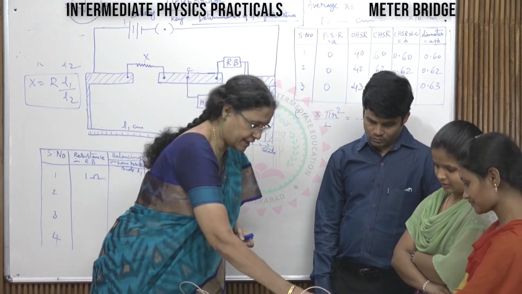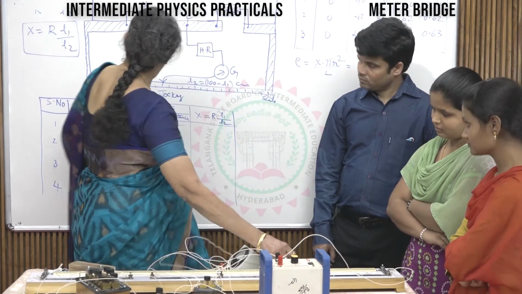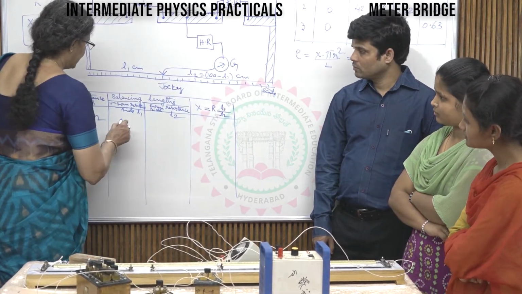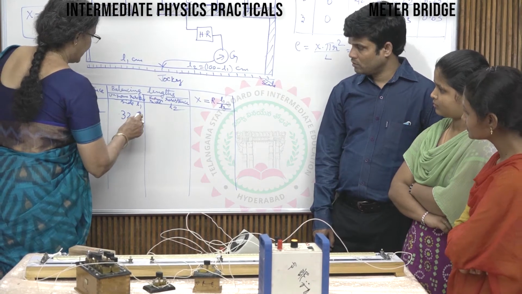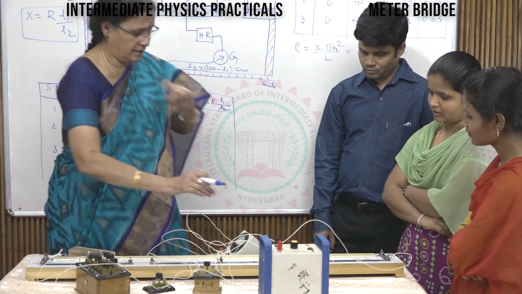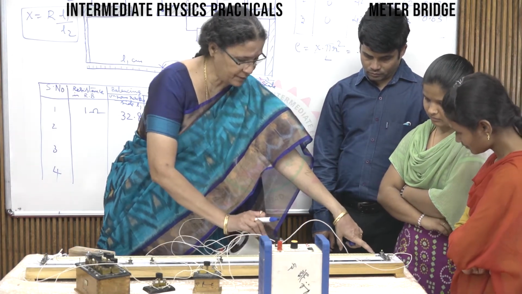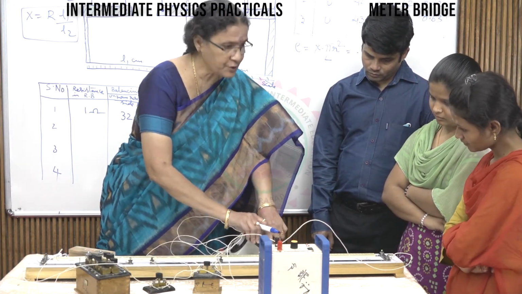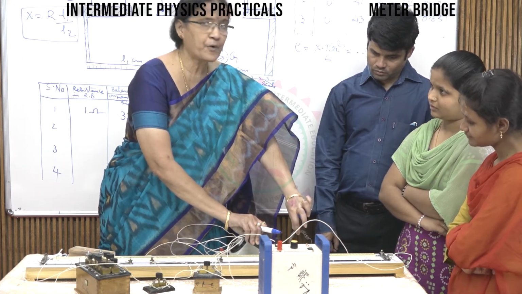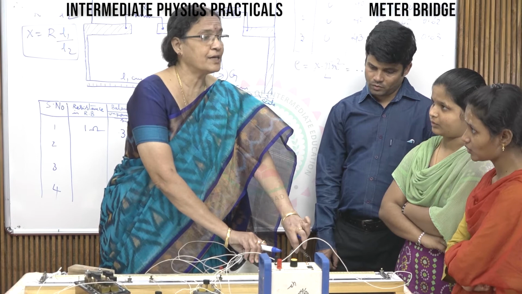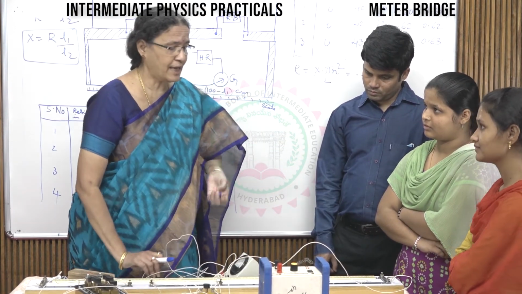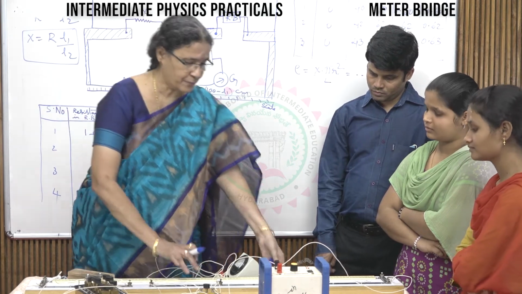So I'm just checking at various points, and where I got the first one, I'm getting, say, 32.8, for example. Now what is L2? From the starting point of the meter bridge to 32.8, this wire I'm calling the unknown resistance wire. I don't know the resistance. What is my aim in doing this experiment?